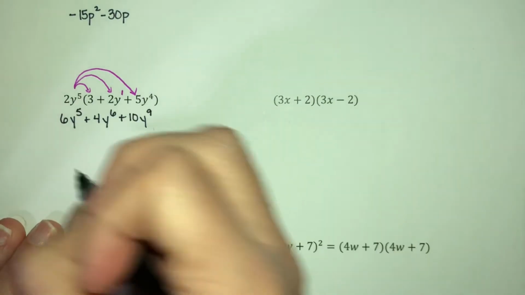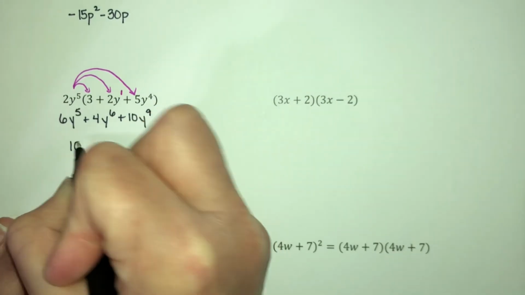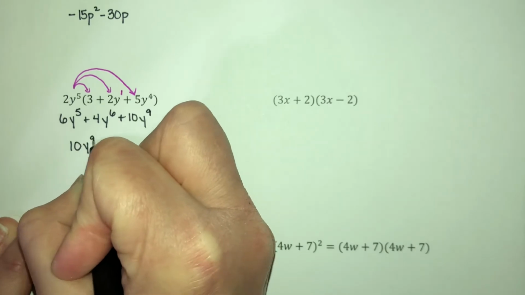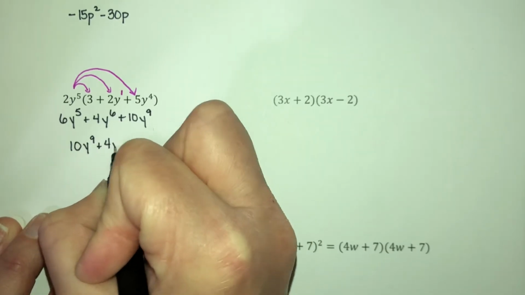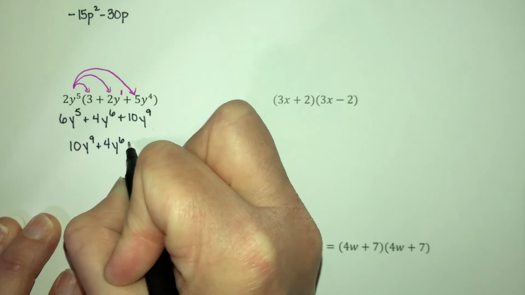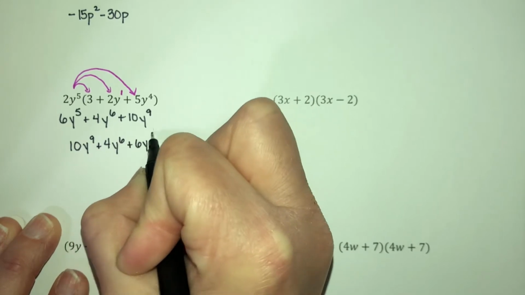Again, this should be in descending power order, so we need to rearrange these to 10y to the 9th plus 4y to the 6th plus 6y to the 5th.